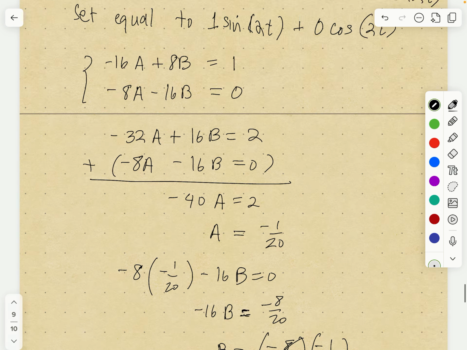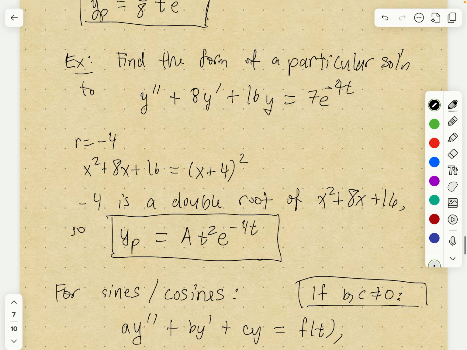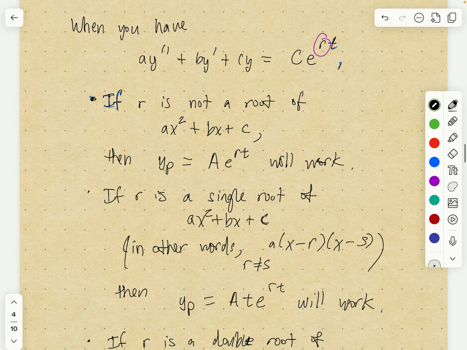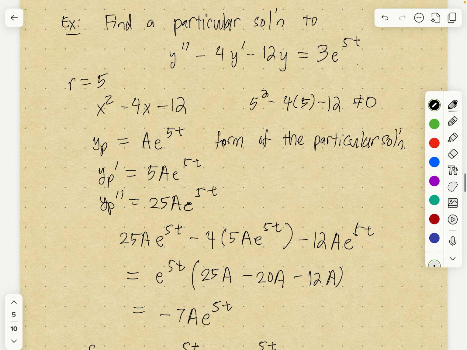So we talked about exponentials, what to do when you have an exponential, right? It's pretty straightforward, depending on whether r is a single root or a double root.